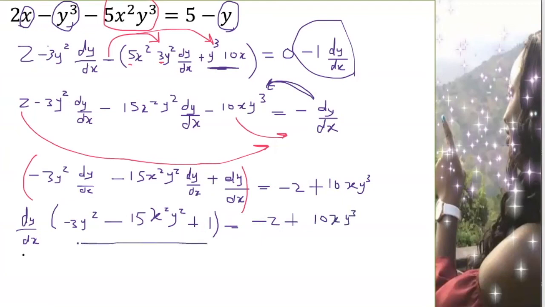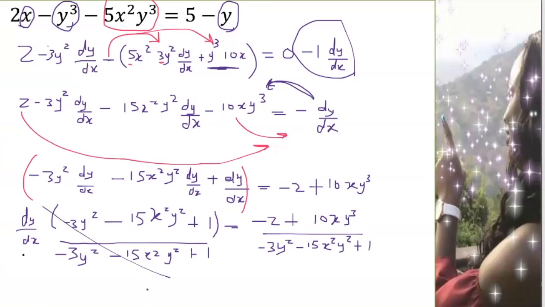Finally, I'm going to divide both sides by minus 3y squared minus 15x squared y squared plus 1. So divide both sides by this information, minus 3y squared minus 15x squared y squared plus 1.